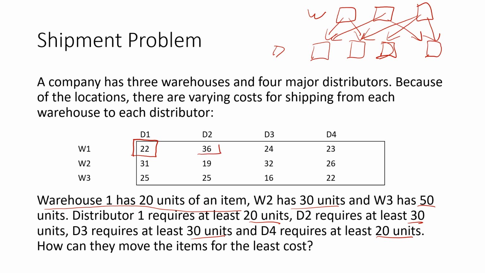Shipping 1 unit from warehouse 1 to distributor 2 costs $36. Okay, it's probably farther away, so it costs more. And so on for all of the combinations. And the question now is, how can I get what each distributor needs for the lowest cost? Keeping in mind that each warehouse only has so much stuff.